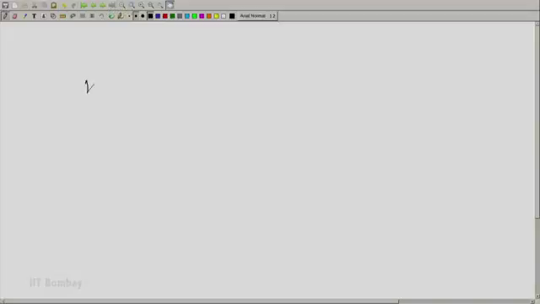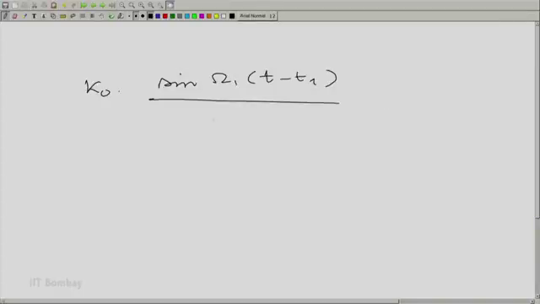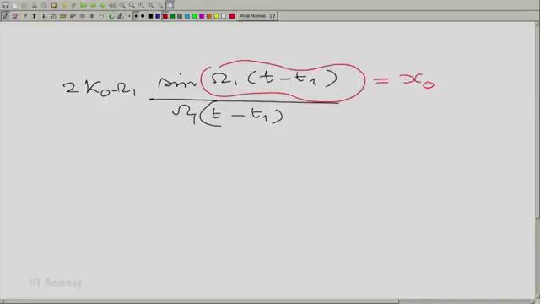You see, the kappa 0 remained where it was. Then you had sin of omega 1 into (t minus t1), divided by (t minus t1). You can keep omega 1 here and here as well. So now we had an x0 that looked like this. What you have here as the argument is x0.